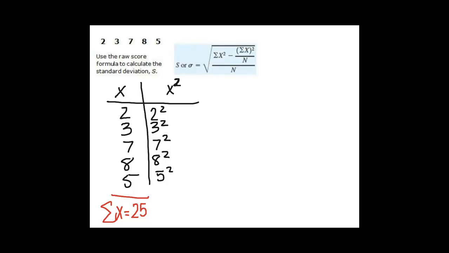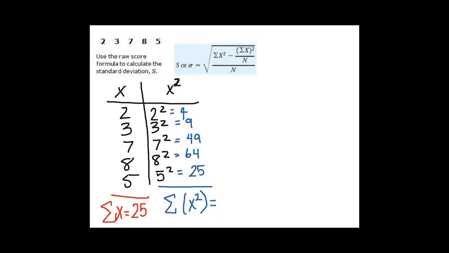And then for the squared terms, let's square them first. 2 times 2 is 4, 3 times 3 is 9, 7 times 7 is 49, 8 times 8 is 64, and of course 5 times 5 is 25. Excellent. Now, add those terms up, you get a larger number because they're bigger, obviously. I believe it's a 151.